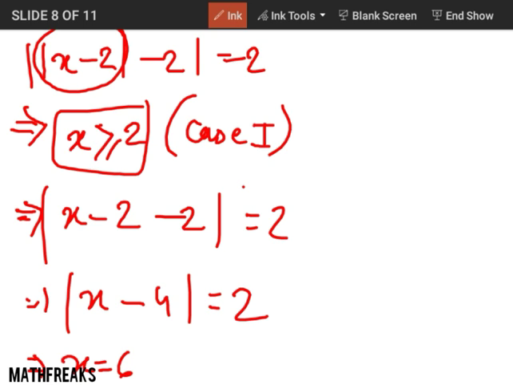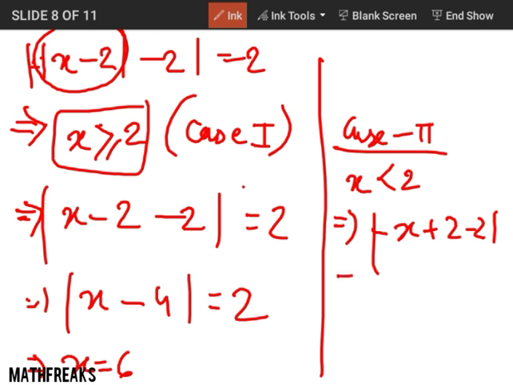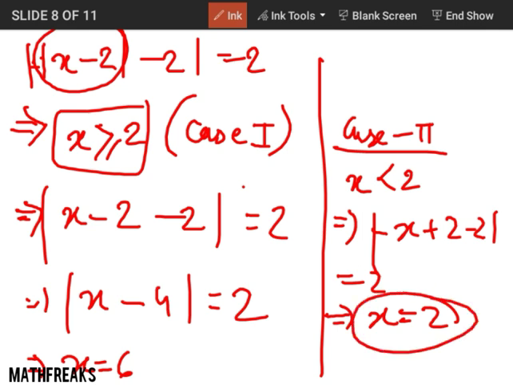Now case number 2, if we take x less than 2, then this will open with a minus sign, right? So if we open it with a minus sign, we will get minus x plus 2 minus 2's mod equal to 2. From here we are going to get x is equal to 2. So the possible answer is x is equal to 2, right?